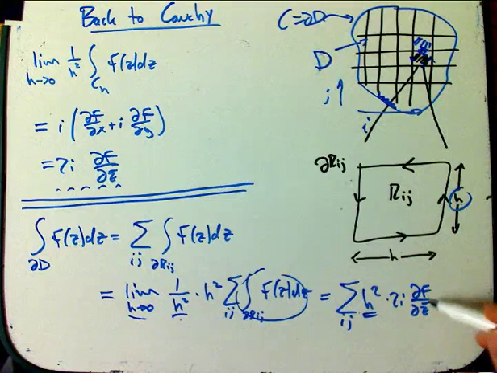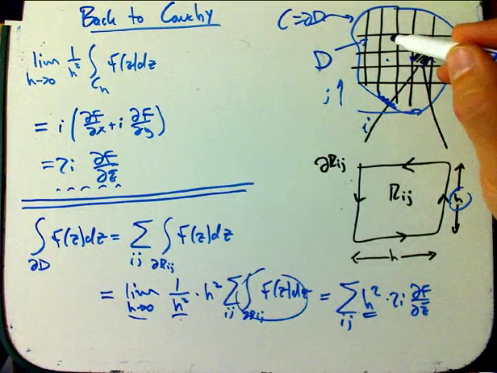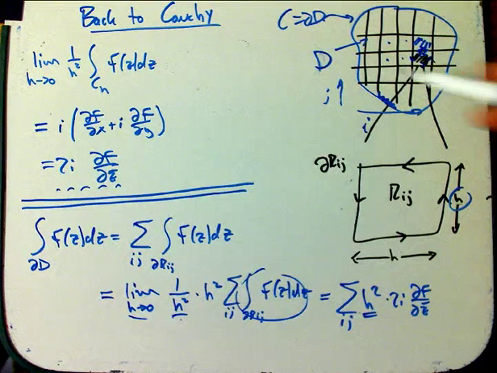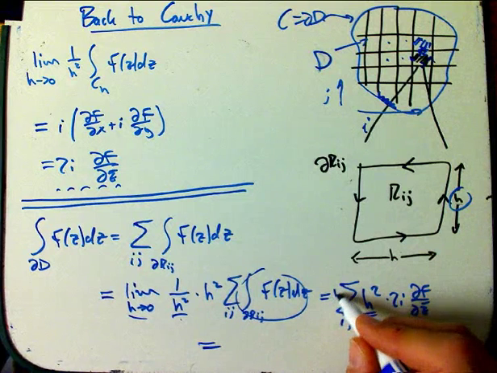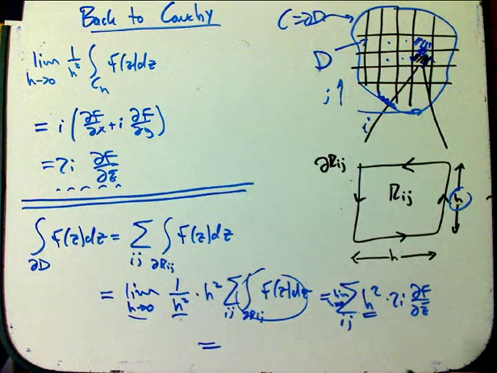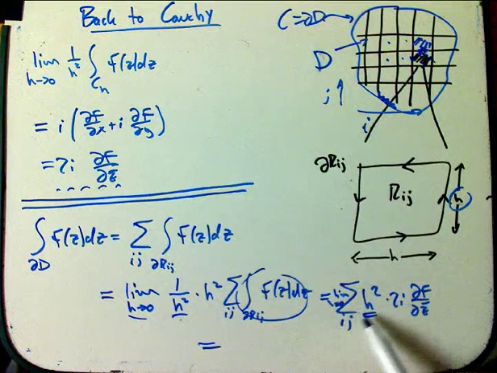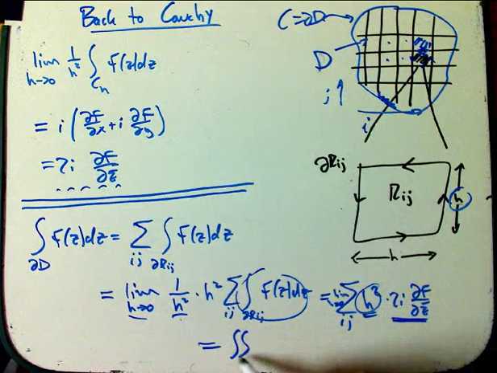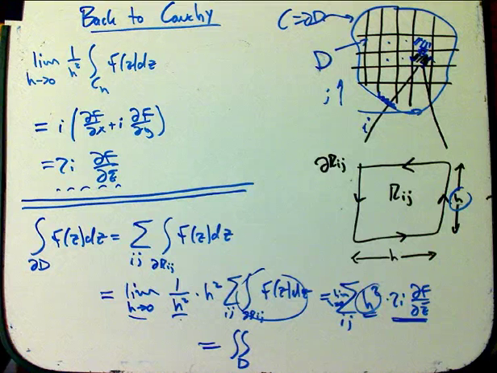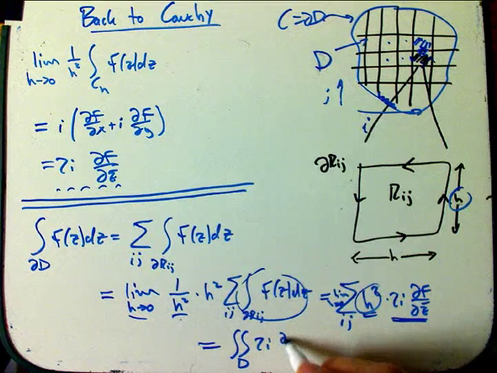And of course, those df/dz bars are evaluated at all the little points in these rectangles. There's still a limit as h goes to 0. The limit of a sum of little bits of area times a function is just the integral over the entire region, which we are calling D, of 2i df/dz bar dA.